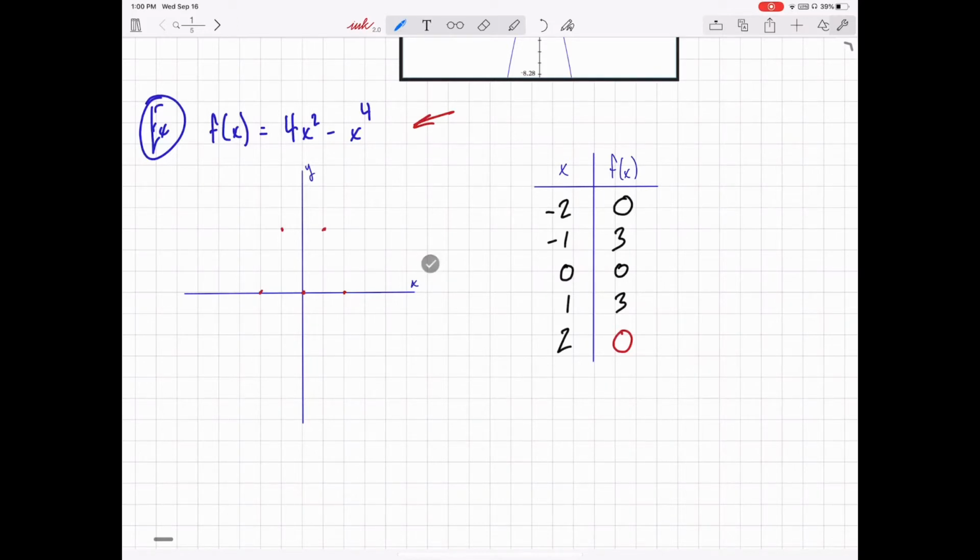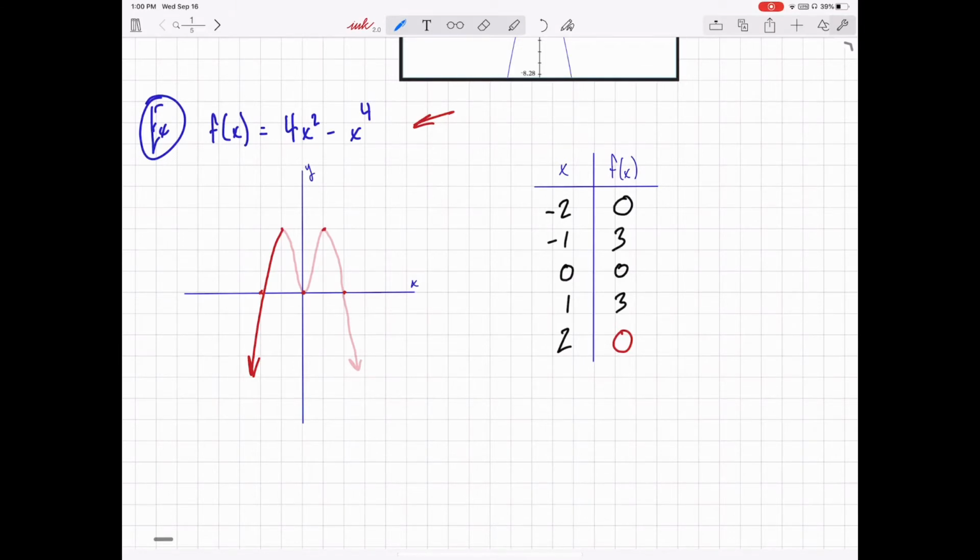If you don't know what that function looks like, it might be hard to connect those points. I know that the function looks a certain way, so I can connect these like this. We'll get to a place later on in the class where we talk about why I would know that it looks like that.